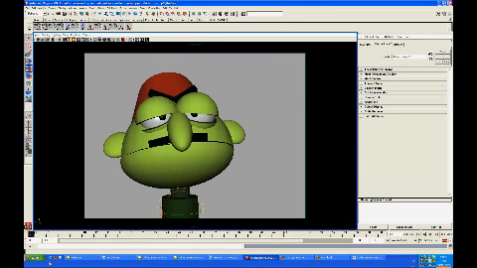I don't have keys on all the elements of the character here, but that's part of the point that I'm going to make. When I work in stepped, I don't have to work in an organized way, because it doesn't have to play smoothly from one pose to the other, and it's very easy to not think about what it looks like in the graph editor, to not think about what I have keyed and what else.